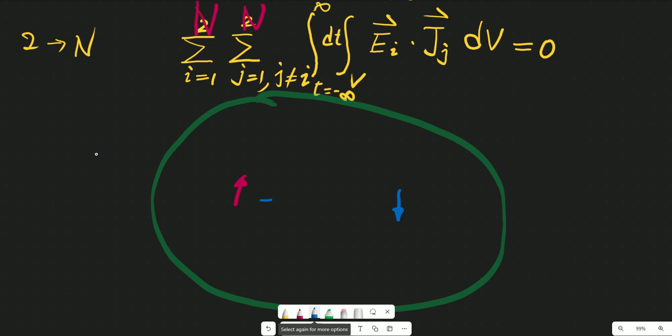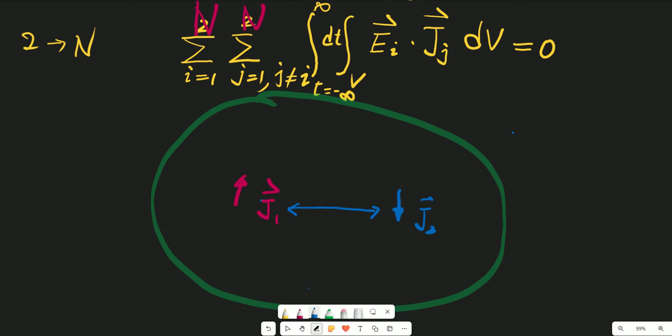This is J1. This is J2. This formula means it only has connection. J1 gives a power to J2. J2 takes the power from J1, so only connection with these two.